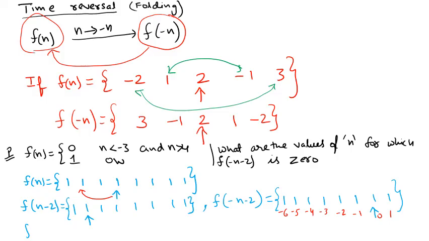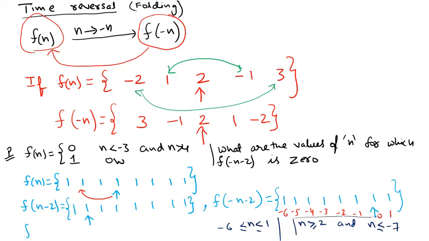It means this signal f of minus n minus 2 is non-zero for n from minus 6 to 1, and it is 0 when n is greater than or equal to 2 and n is less than or equal to minus 7.